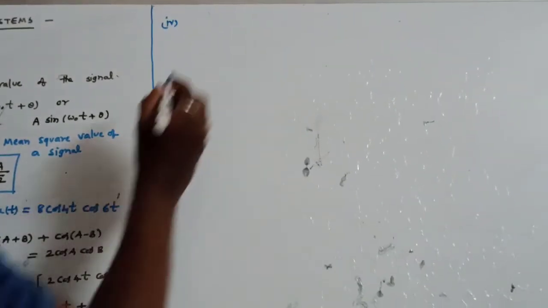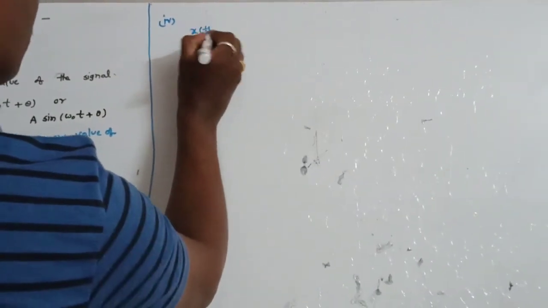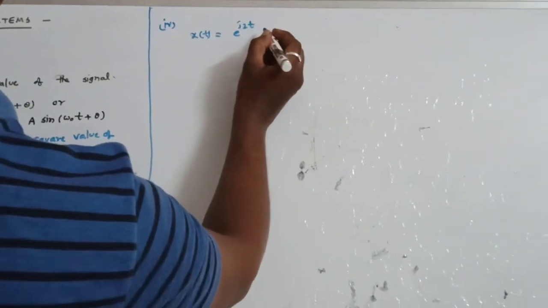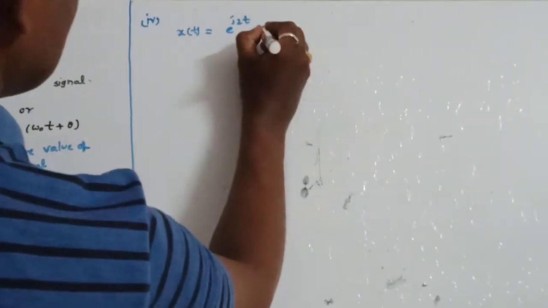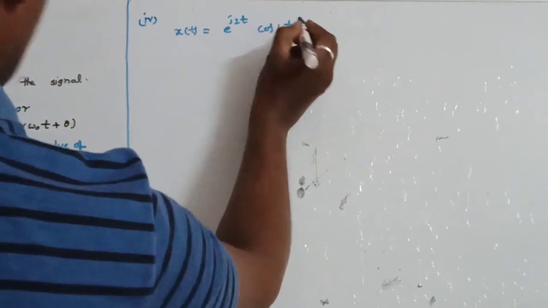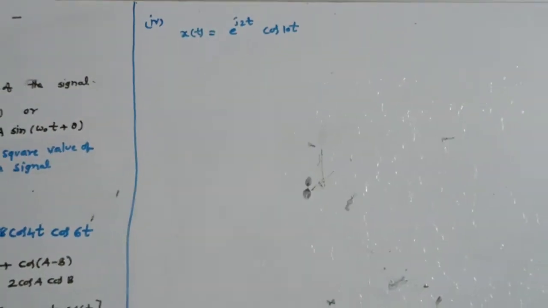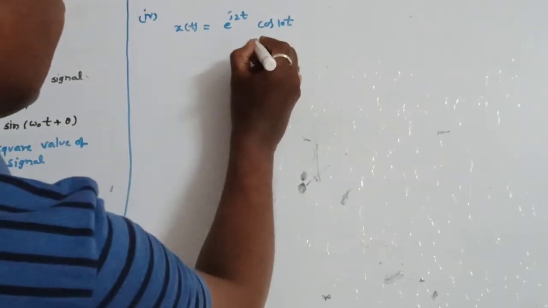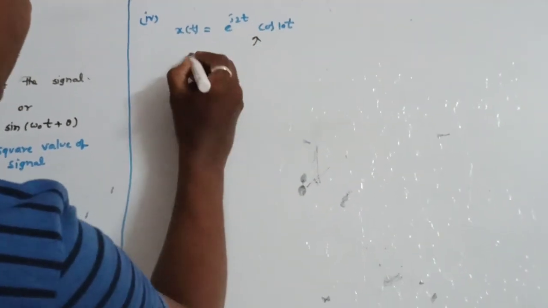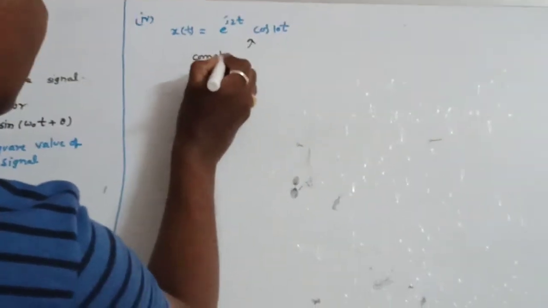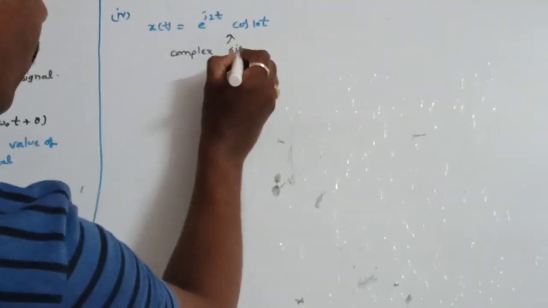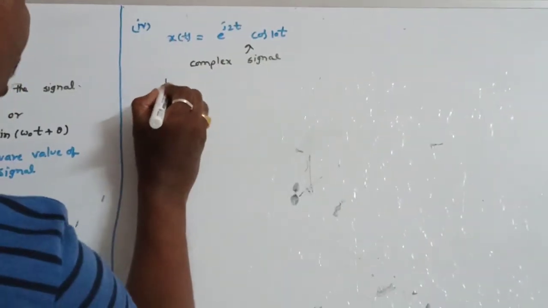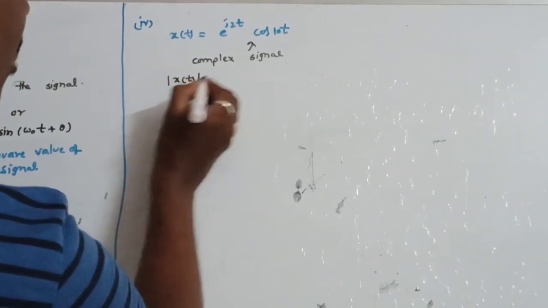x of t is equal to e power j2t into cos 10t. This problem can be solved in two ways. You can clearly see that because of j here, it is a complex valued signal. Remember that for complex signals, take the modulus of the signal.